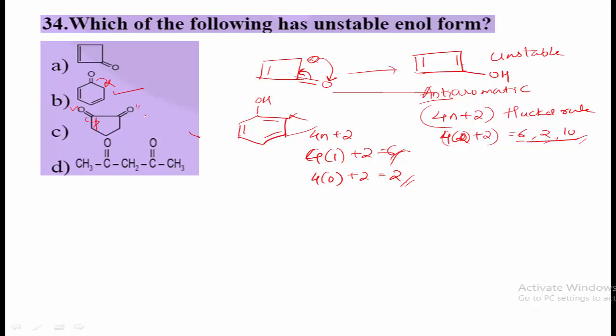Therefore it is also aromatic. In the similar manner, if you observe option D, it will undergo ring formation, and hence this is also stable. Therefore among these 4, option A, the first one, is having unstable enol form.